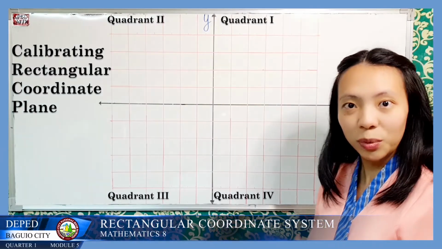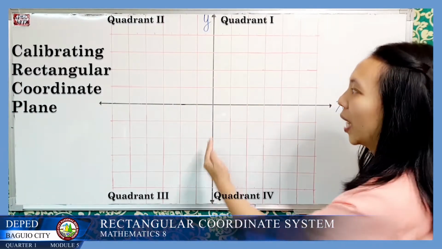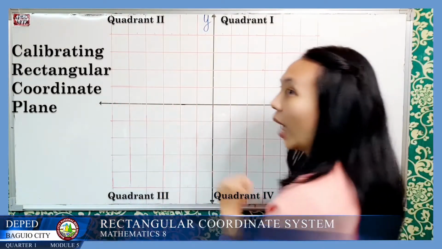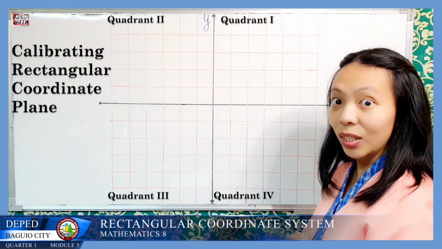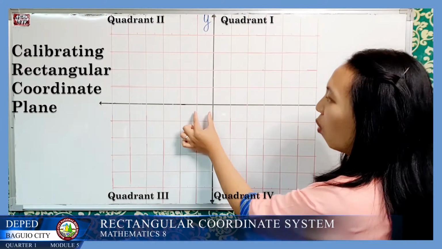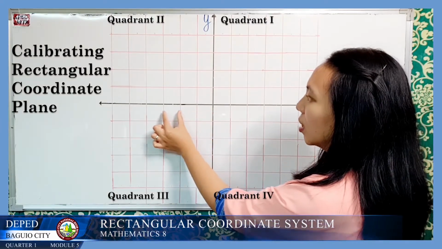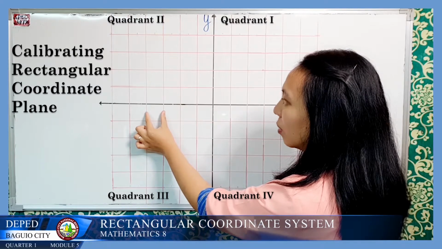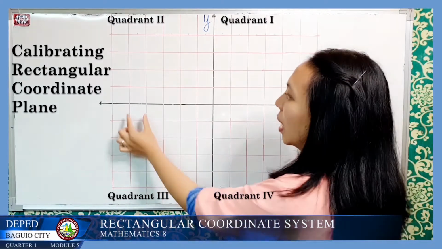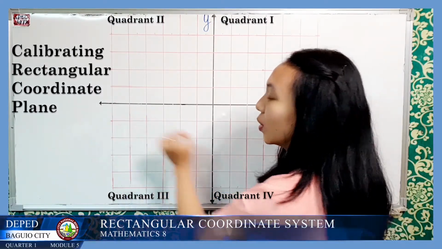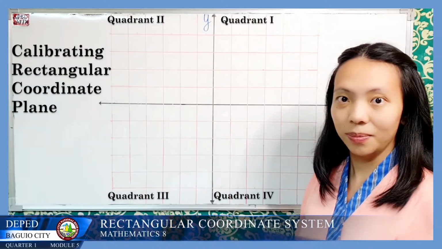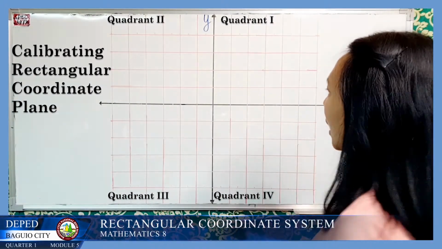That should also be the case when we calibrate the left side of our x-axis. There should also be 1 unit each between 2 points when we go to the left of the x-axis. Let's have an example.